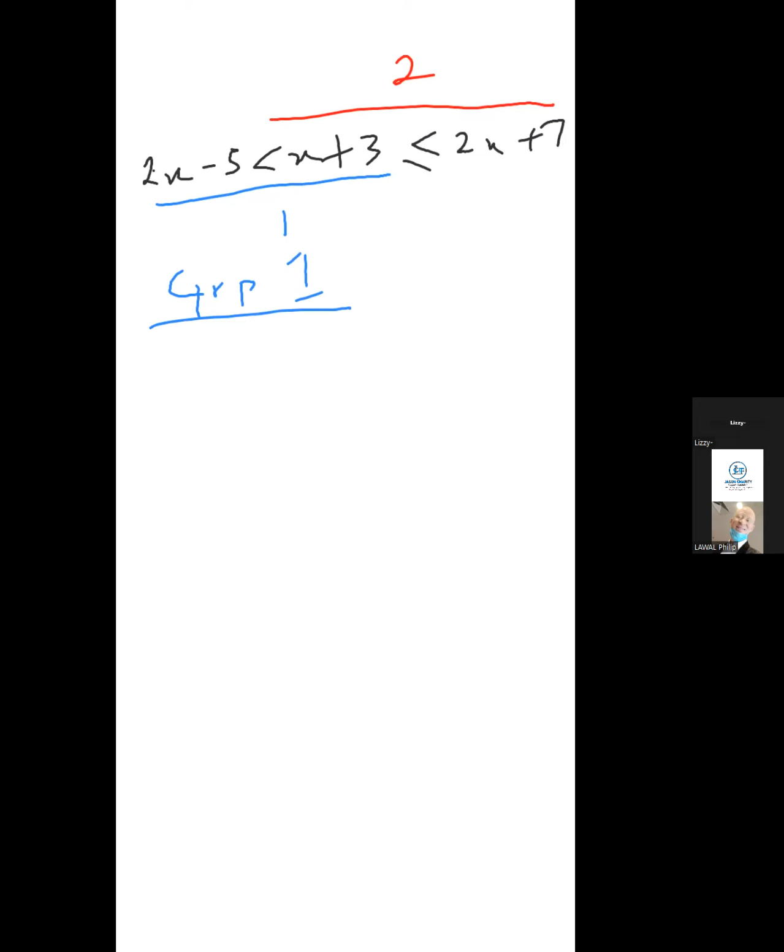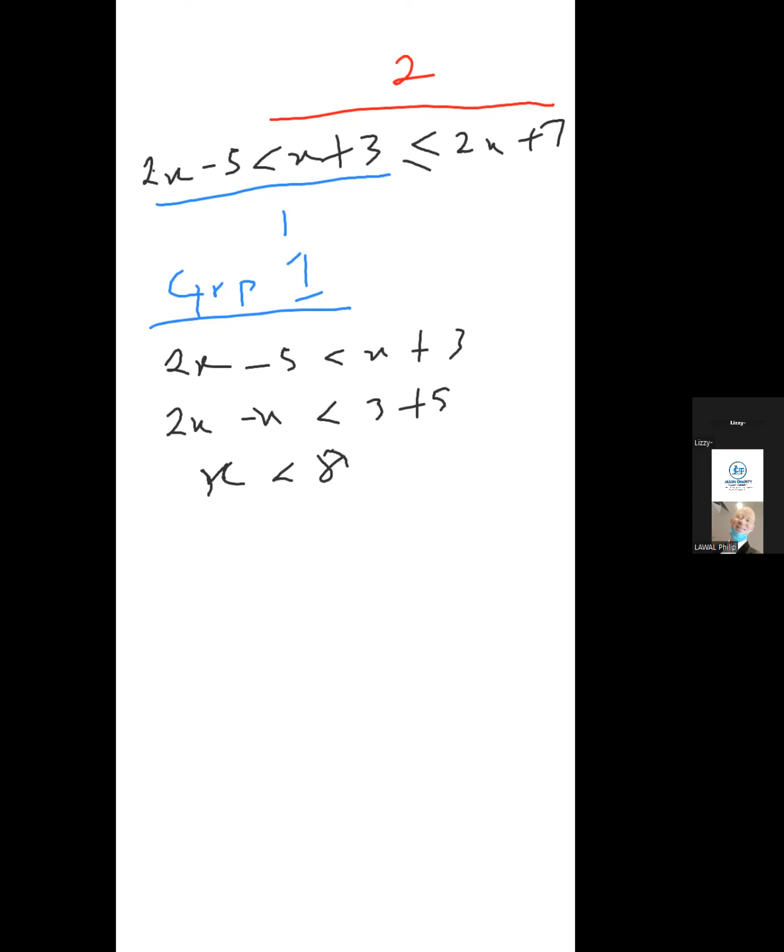So it's going to be 2x minus 5 is less than x plus 3. And of course, when you collect like terms, that will be 2x minus x is less than 3 plus 5, so x must be less than 8. You have just solved the first part, or what I call group 1.